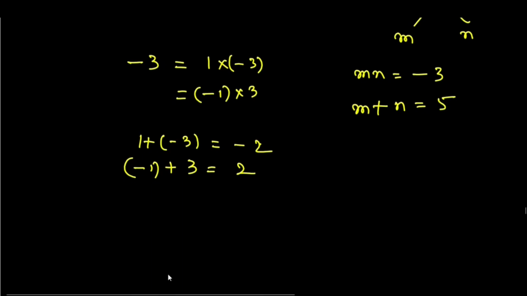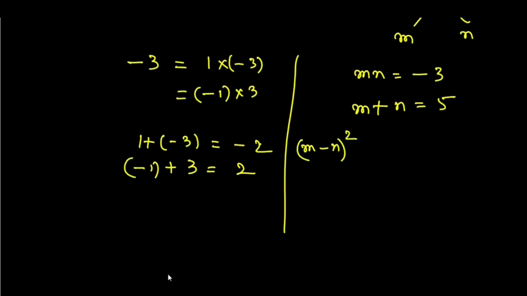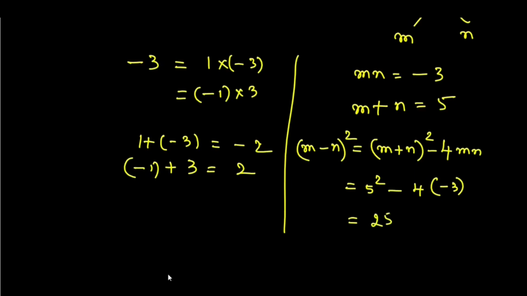Let us find it algebraically. m plus n is 5. Let us find m minus n. m minus n whole square is m plus n whole square minus 4mn. So this becomes 5 square minus 4 into minus 3. This is 25 plus 12.